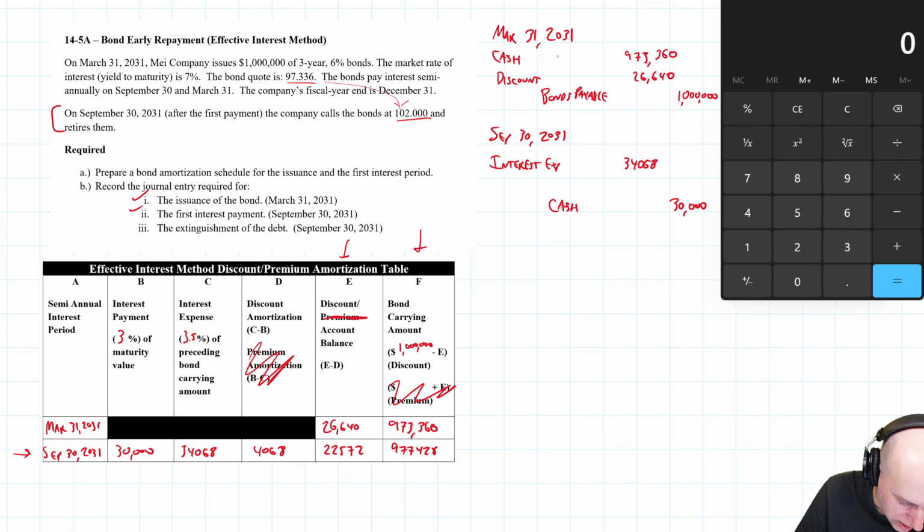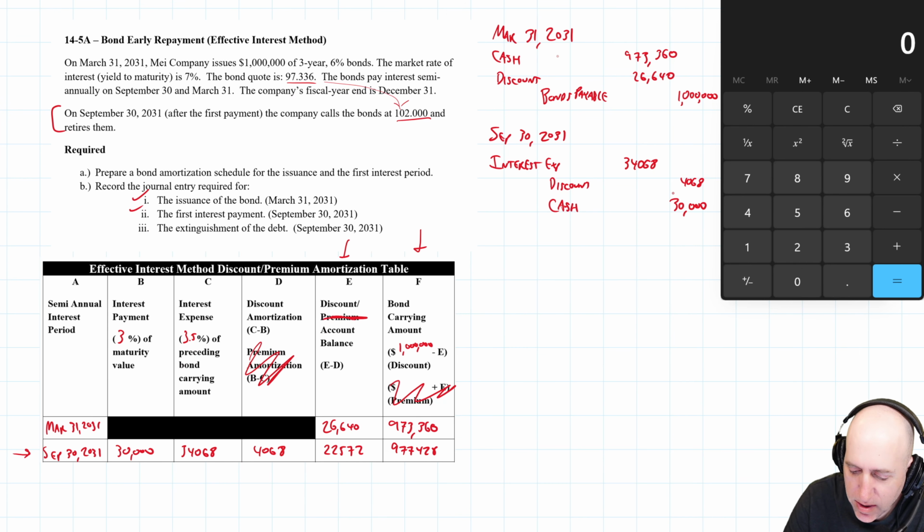And the 4,068 goes to discount amortization. And you can see it was started as a debit. We want to whittle that down to 0. So we credit discount. As with the other questions, if you're doing the net method, you just credit bonds payable here. Okay, so we've done the September 30th entry for the first payment.